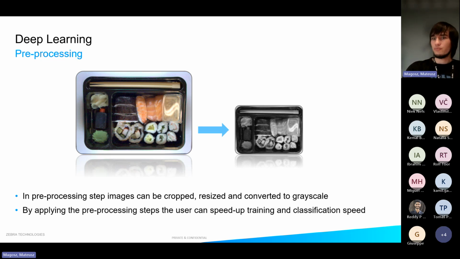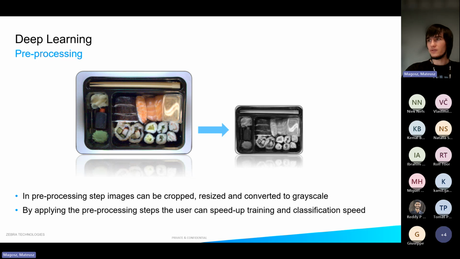After that, we have pre-processing. Some of the pre-processing options will be available during the training. So you will be able to downsize the image or go from color to monochromatic. But you can also do so before putting images into deep learning training.